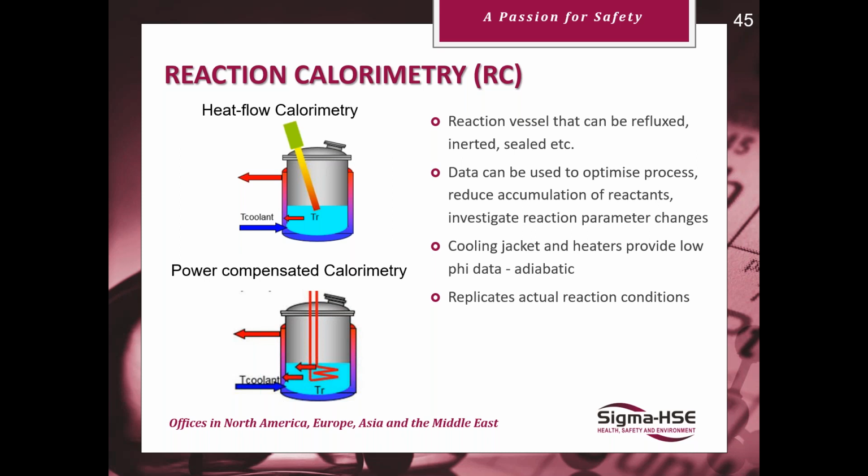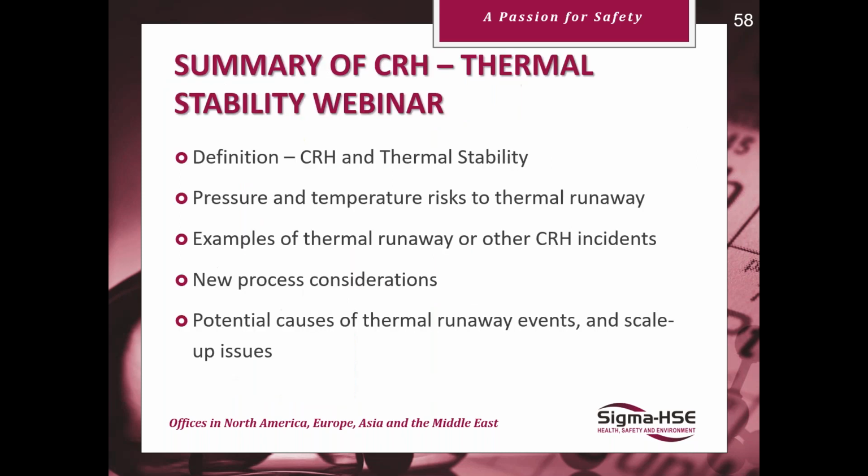So I think that winds up our kind of CRH testing webinar here. I'll just go through a summary. So we've tried to define what CRH and thermal stability are, what they mean, that pressure and temperature risks inherently come from thermal runaway reactions.